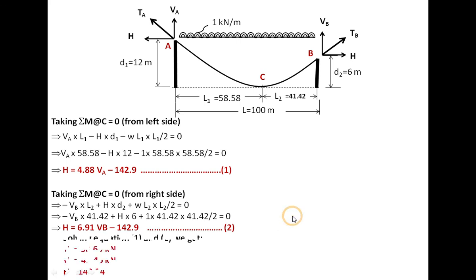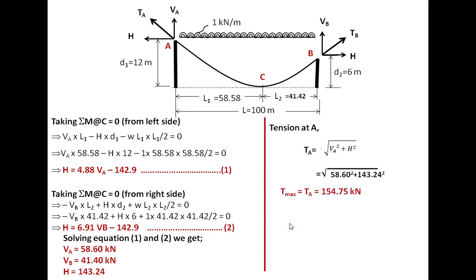This is equation 2. When we equate these two equations, we can solve for VA and VB, and again we can further put it in the above equation, and we can get H equal to 143.24. Once we get VA, we can see that out of VA and VB, VA is more, so the maximum tension is going to be at point A, because H is the same.